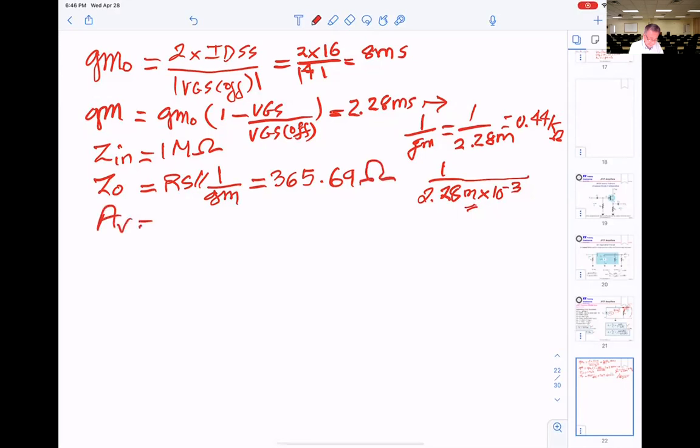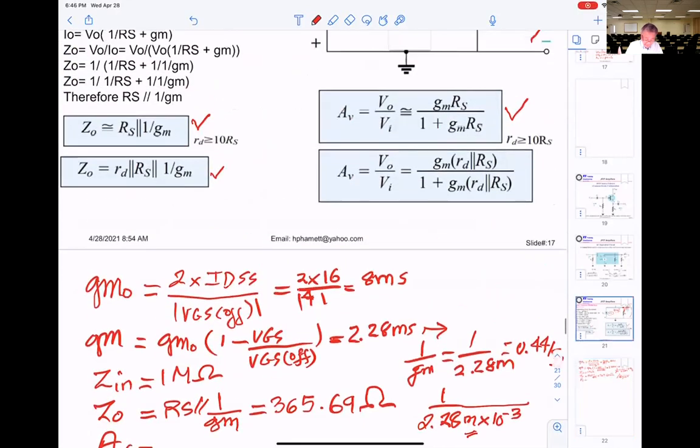AV. Formula for the AV. Okay. Let's see.